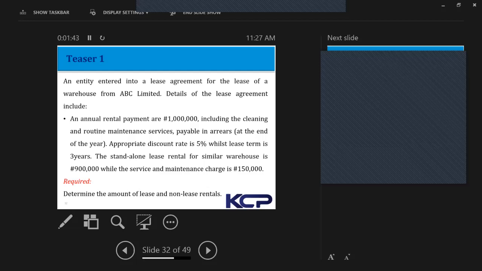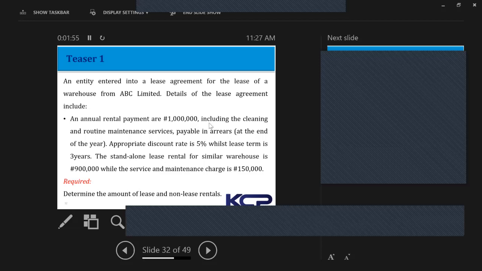So we will model our estimate based on these similar standalone rent contracts. I will share my screen so I can show you an Excel computation of this. One minute, please.